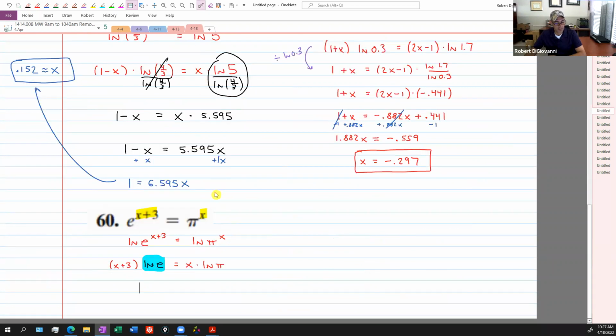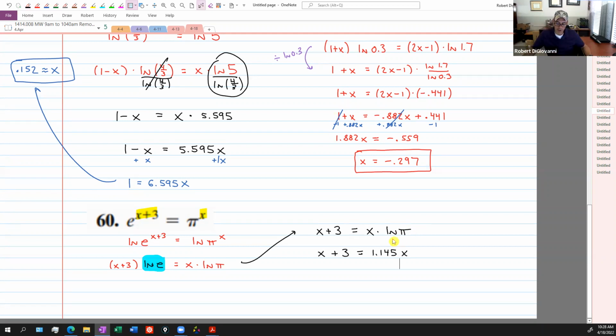So really, this is a 1, which means I can just go straight to the next line, which would be x plus 3 on the left equals x times natural log of pi. So I don't have to divide through, but I do need to figure out what natural log of pi is, and that I will need my calculator for. That comes out to be x plus 3 equals 1.145x.